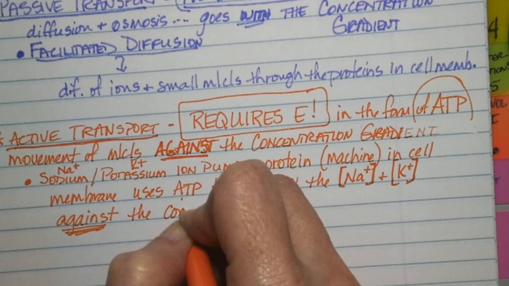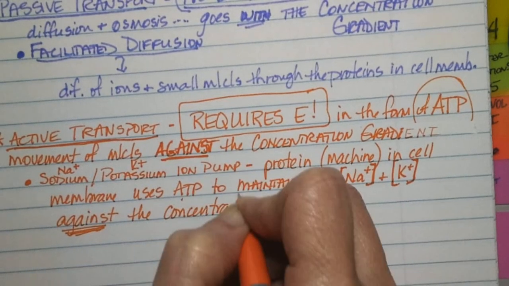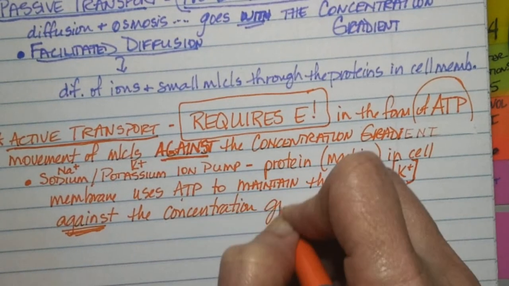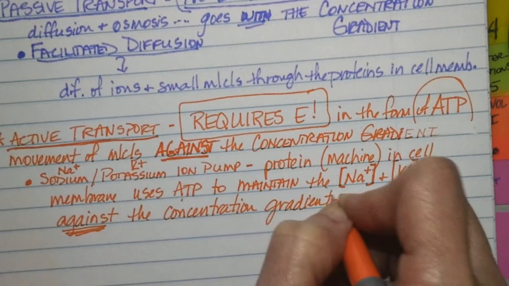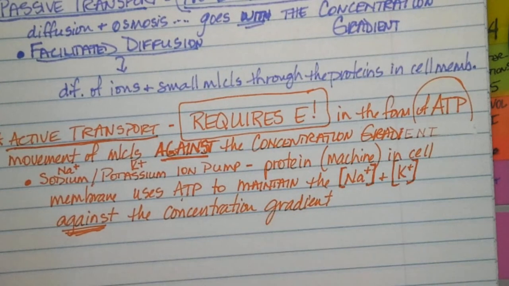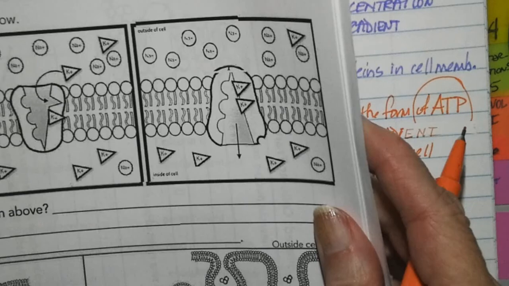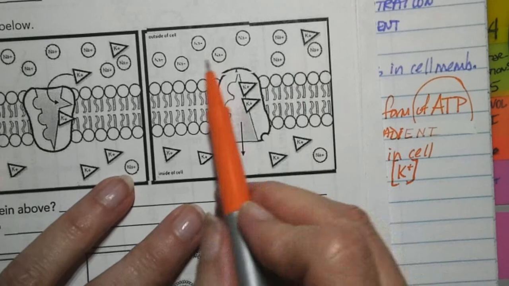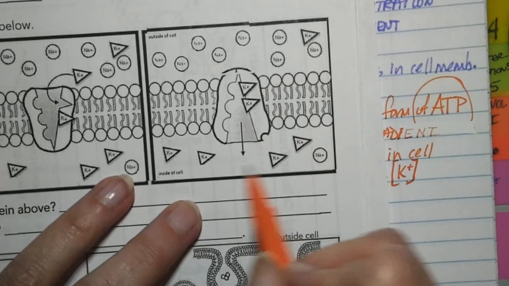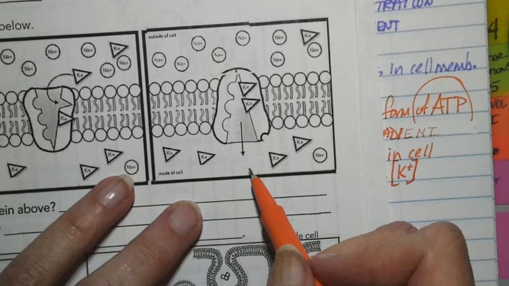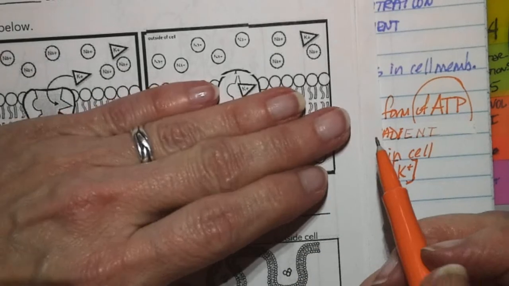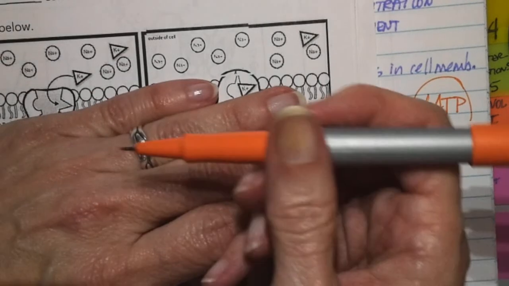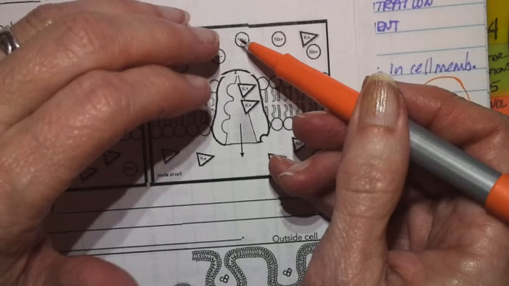When I look at page 17, on this picture, do you see how all the sodium ions are over here and the potassium ions are over here? If you look closely at your paper, you can see this. As your cells are sitting there right now, that's the way it really is. Normally, they would be equal on both sides, right? Because they diffuse, so their concentrations are equal. But you're actively putting energy into keeping the sodium ions on one side and the potassium ions on the other side.